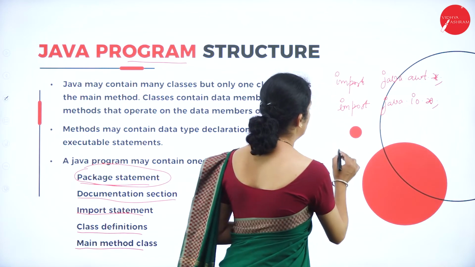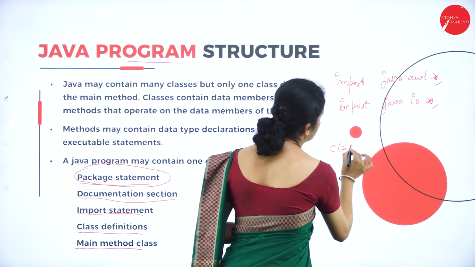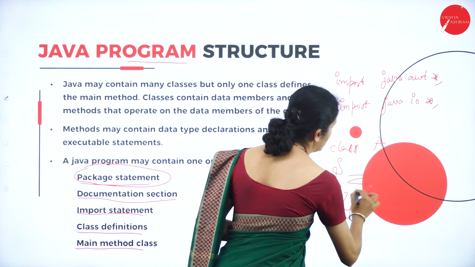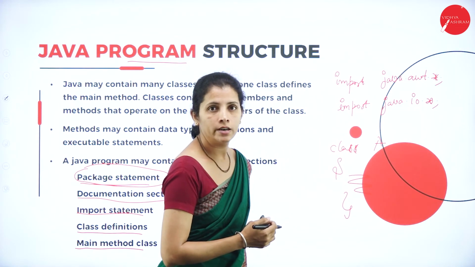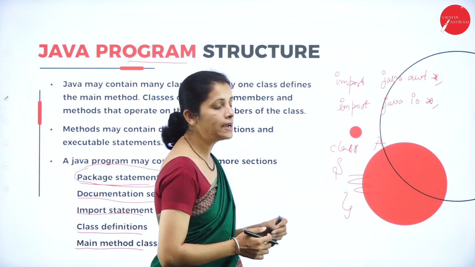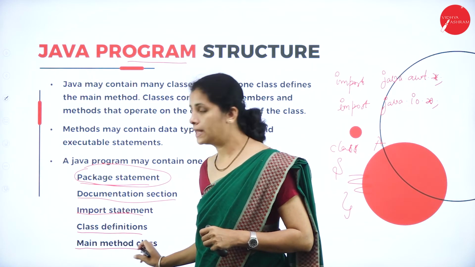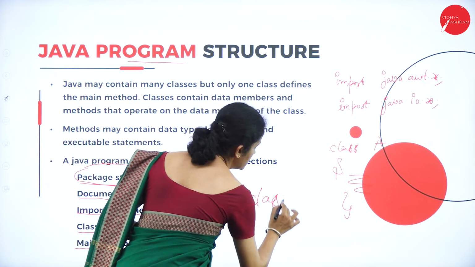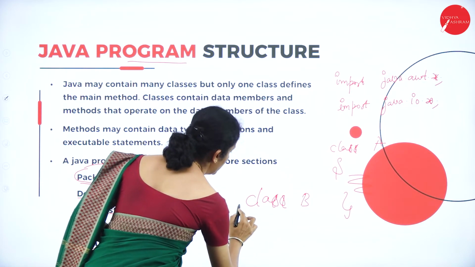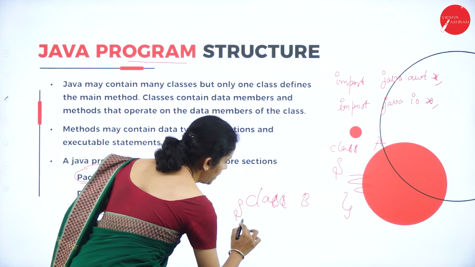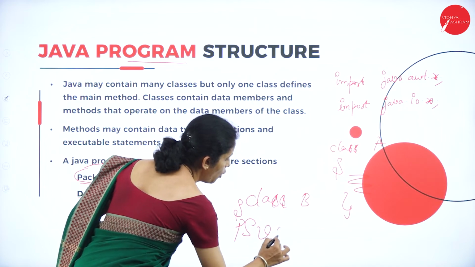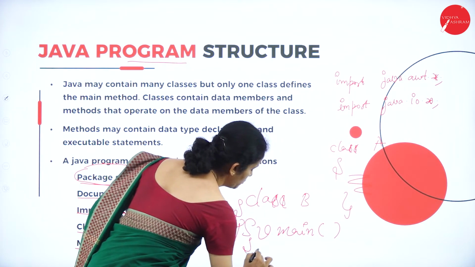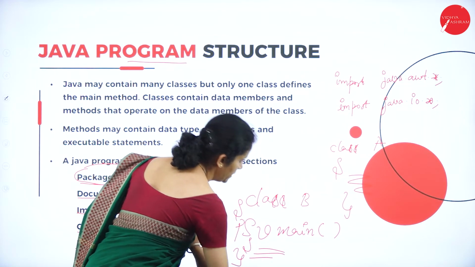For example, class A, where I write my class definition. After that, I have the main method class. So I have class B. In that, I'm going to write public static void main. Then I'm going to write the statements.